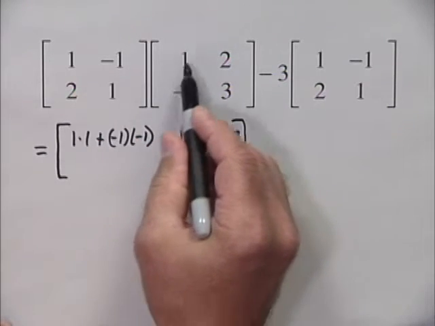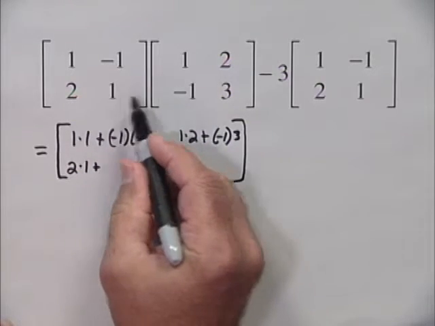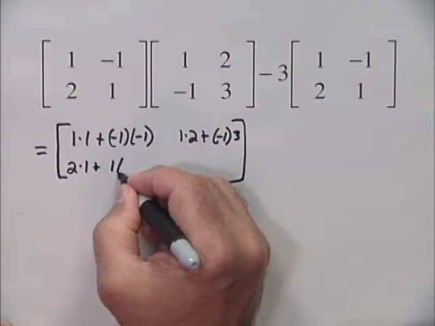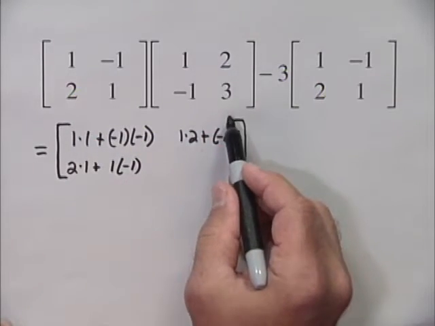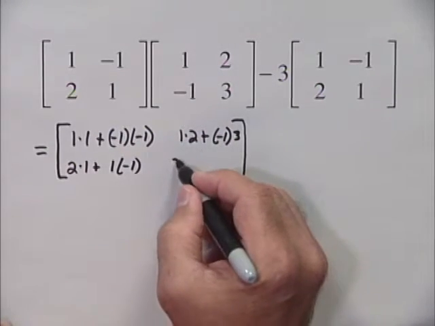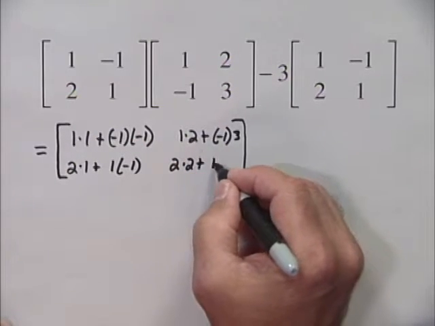Now I take this row times this column, 2 times 1 plus 1 times negative 1. This row times this column, 2 times 2 plus 1 times 3.